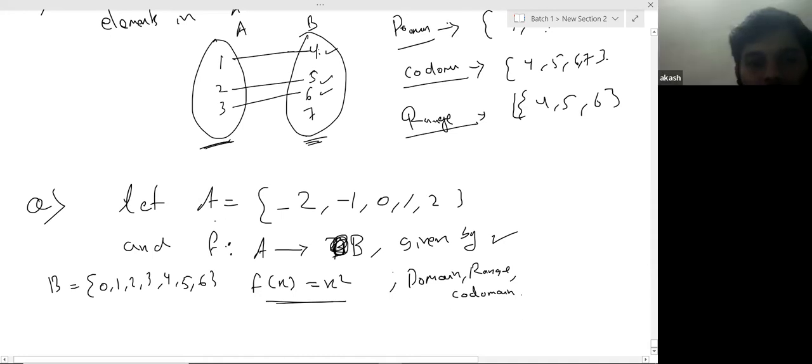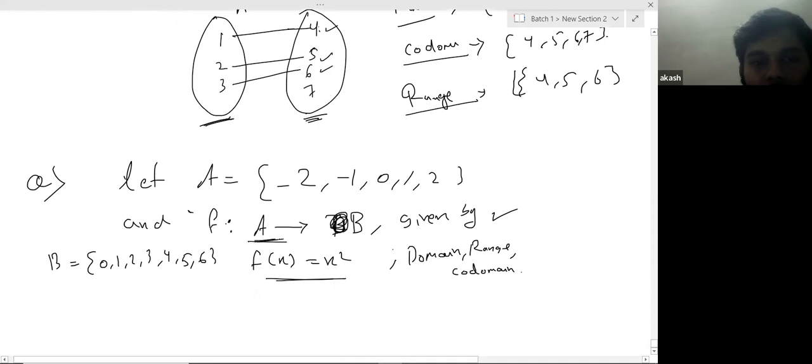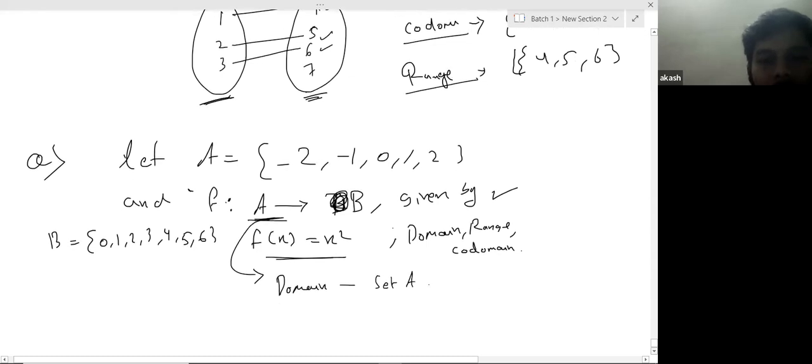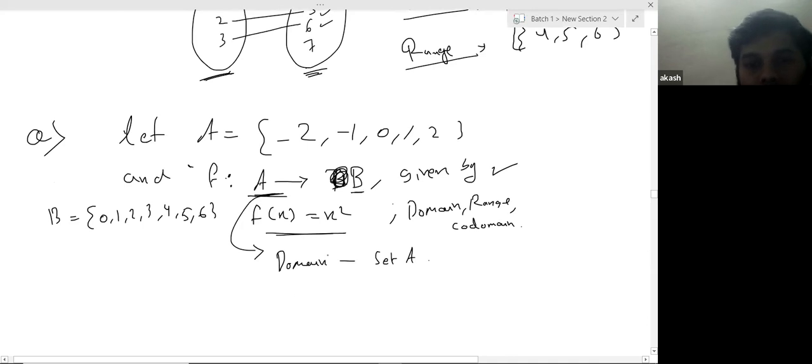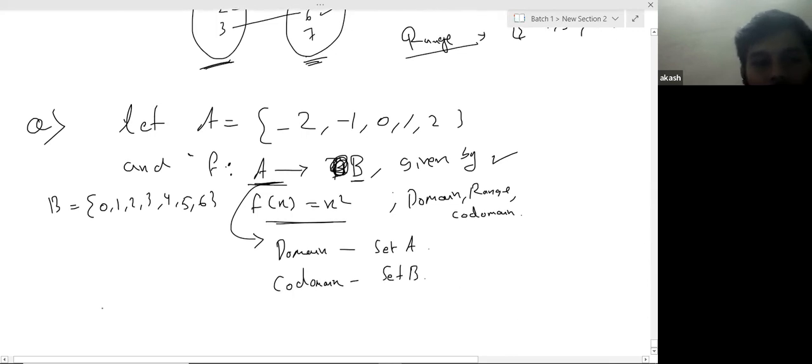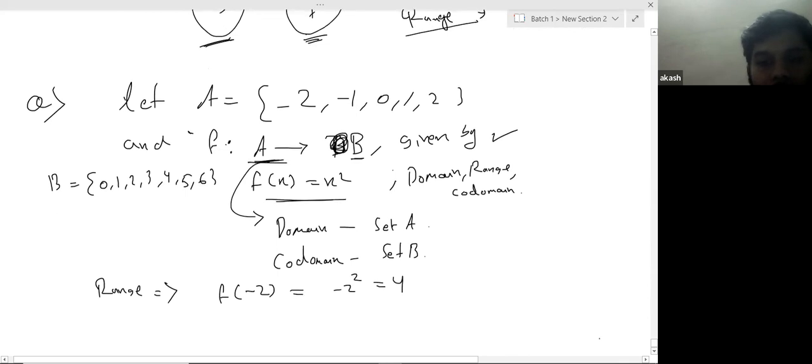Let's check. I told you in a function, the first set defined here is the domain, so the domain is set A. The second set defined is the codomain. The range you have to find out. First find f of -2, that will be -2 squared, that is 4. F of -1 is 1.